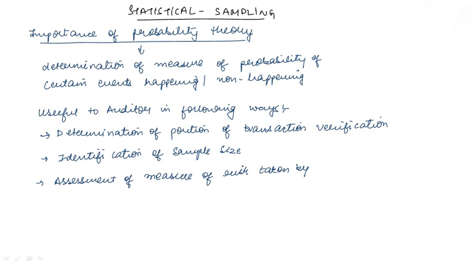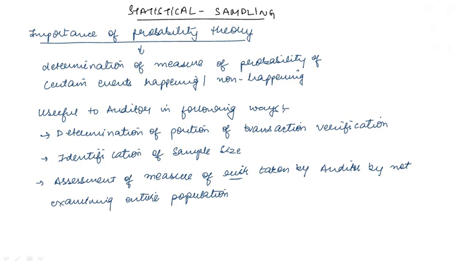By the auditor. What kind of risk? By not examining the entire population, the risk which he has taken for the existence of errors or frauds, you are going to measure that risk as well.